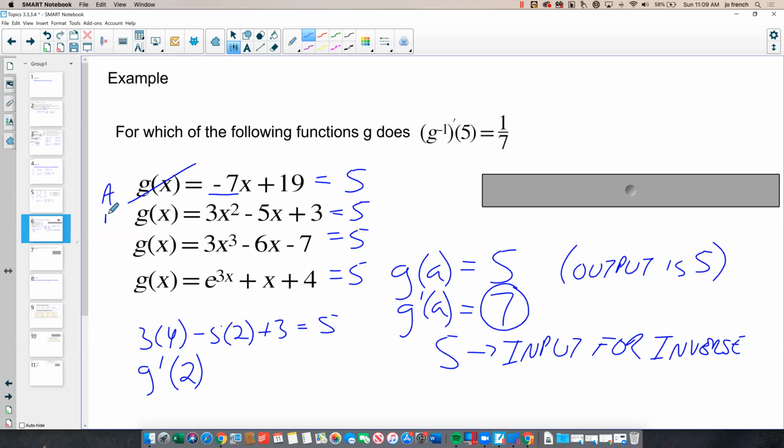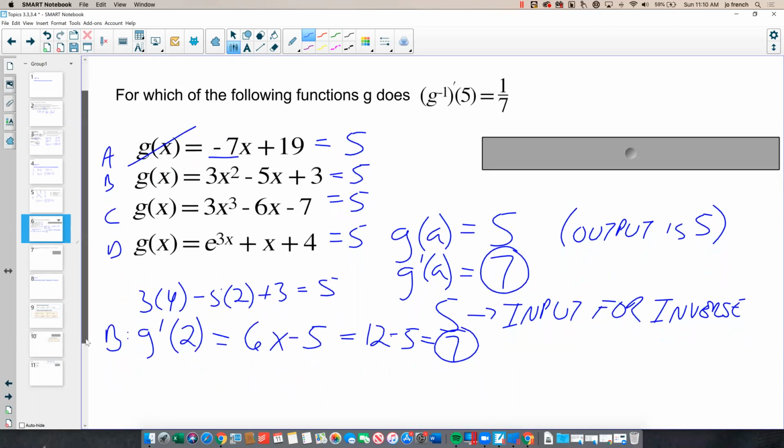Let's just label these A, B, C, and D. So for B, g prime of 2, using our power rule, would be 6x minus 5. Well, if x is 2, that's 12 minus 5, which gives us 7. And that works. So we've found our answer.